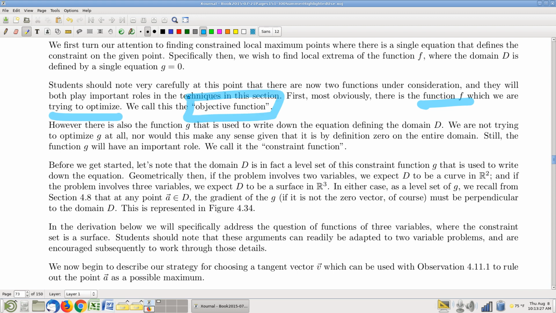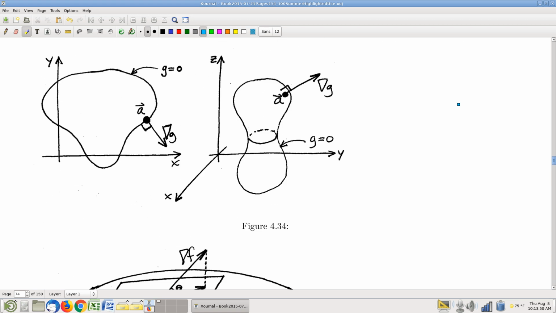I have to give that a name too, just to be general. I don't want to go around just calling it F all the time. What if I'm doing economics and it's P for profit? I might want to maximize profit. So it might not be called F, but what it always will be called is the objective function. Okay, so there's the terminology. So our constraint function, the gradient of our constraint function, by the way, I think this terminology is natural. This is called the constraint gradient.